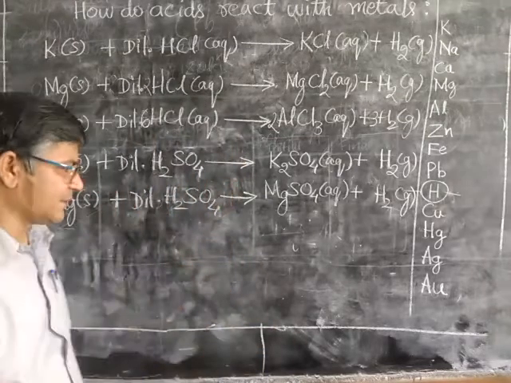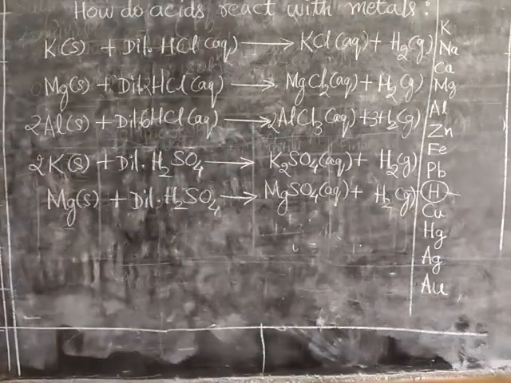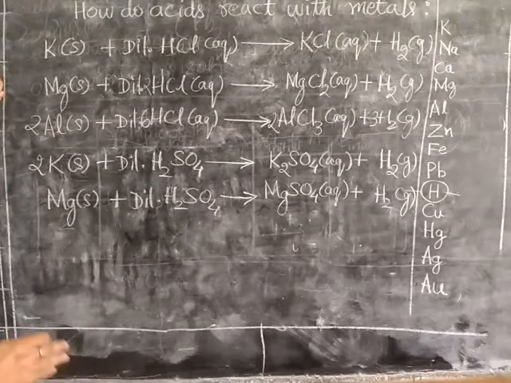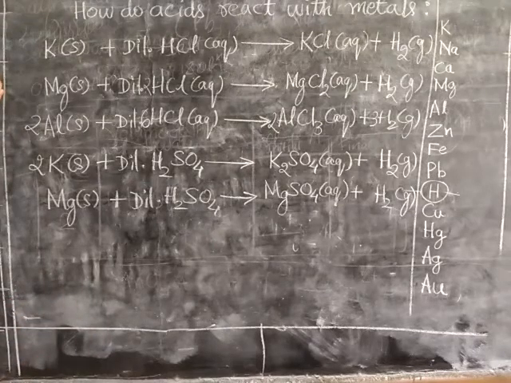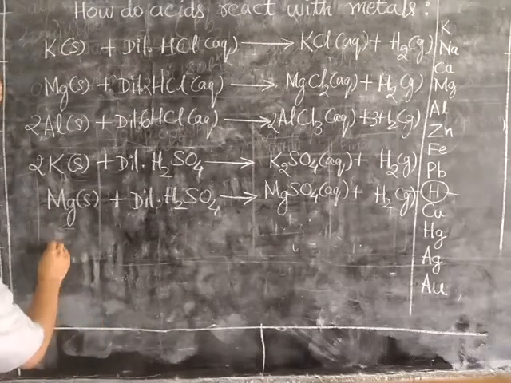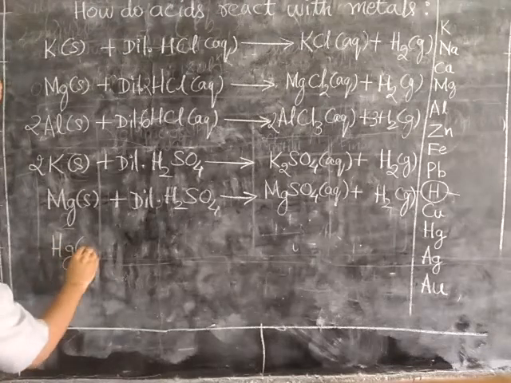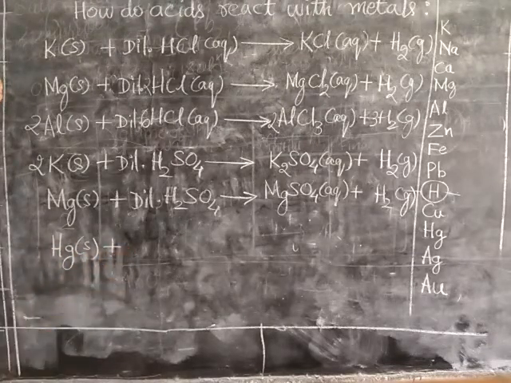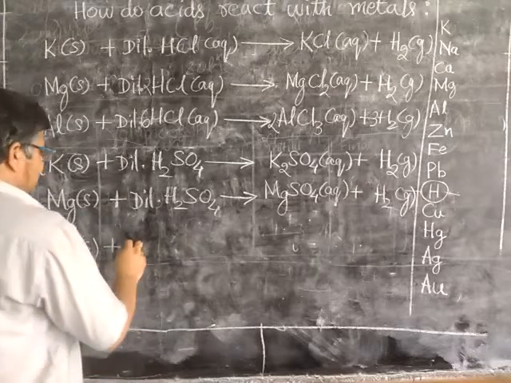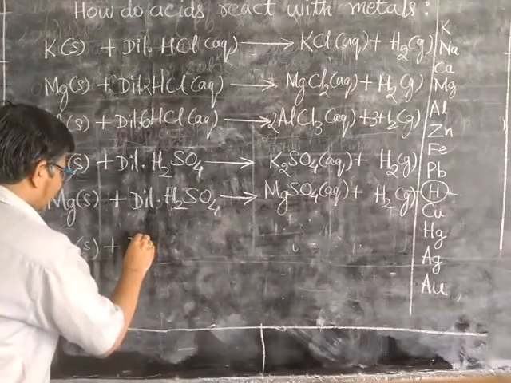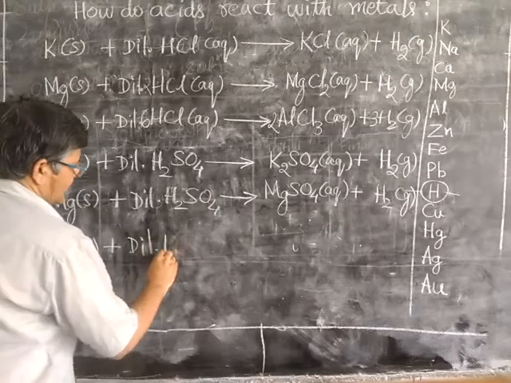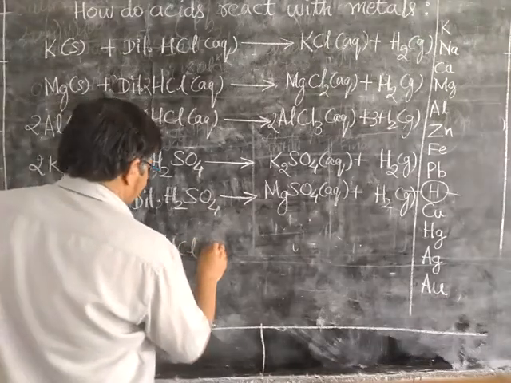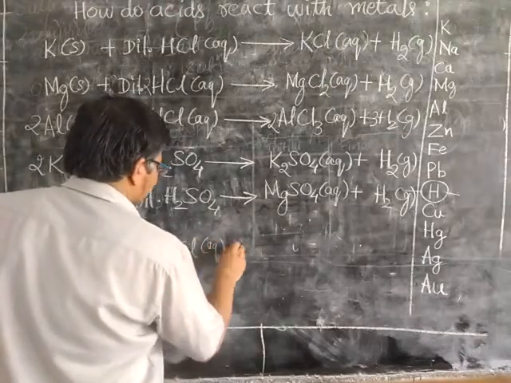Now let's take one more example, whether this is going to happen or not. Let's take mercury. Mercury is liquid at room temperature. It is its property. Reacting with hydrochloric acid, let's take this acid as an aqueous solution.